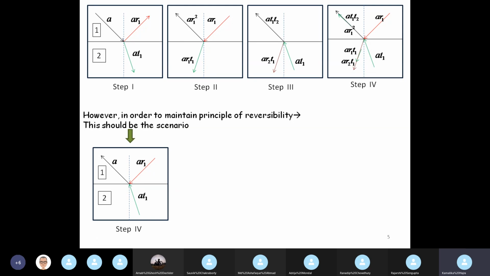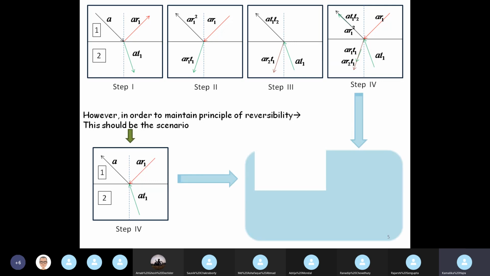And that has to be satisfied because it basically comes from the principle of conservation of energy. Okay, so this must be true. So in order for this to be true, what do I need to do?